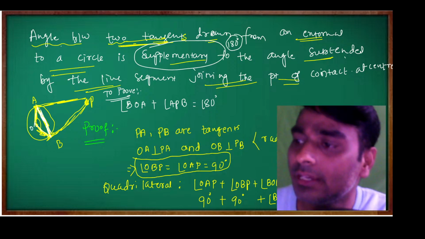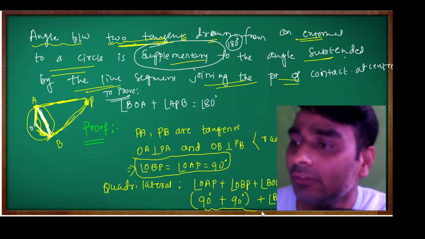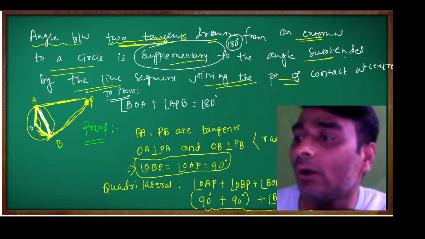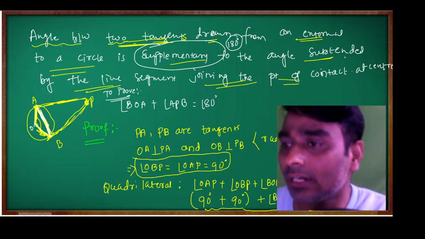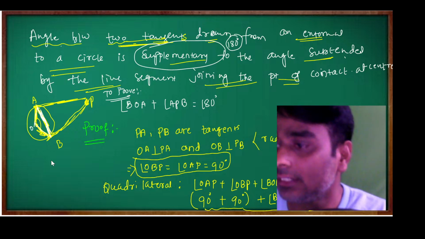BOA, APB equal to 360. Agree? Now if you add these two numbers, this will give you 180. If you shift this 180 to the extreme right side, you will have to subtract 180 from 360.